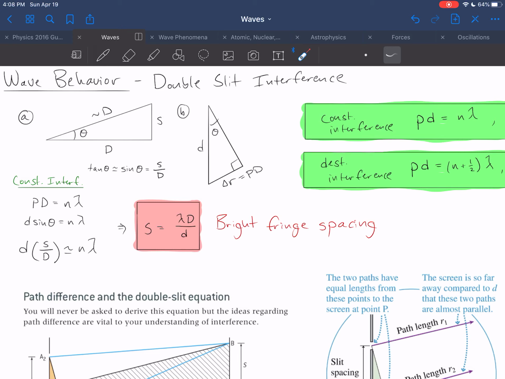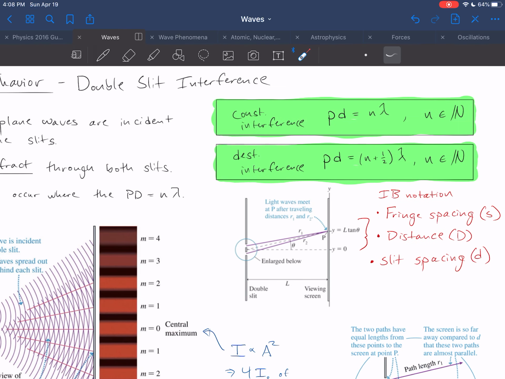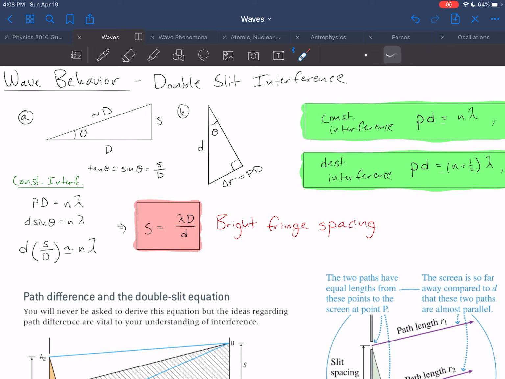So we're going to use what's called the small angle approximation. Remember that drawn to scale, this triangle, the same as this one, is very skinny. Big D is 1,000 times the rough size of small s.